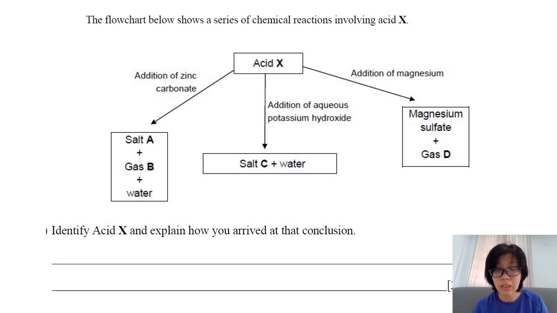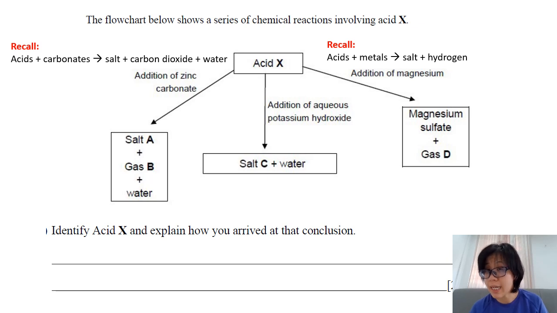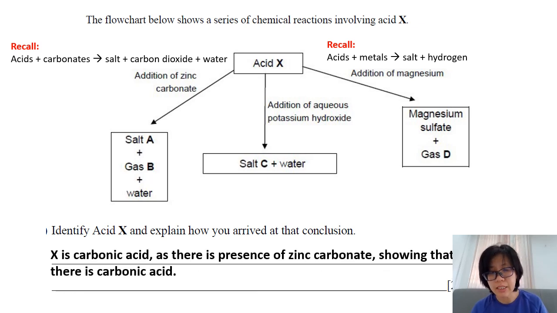We need to remember acid plus carbonate gives salt plus carbon dioxide plus water, acid plus metal gives salt plus hydrogen. So let's see, is this answer correct or not? X is carbonic acid, as there is a presence of zinc carbonate, showing that there's carbonic acid.